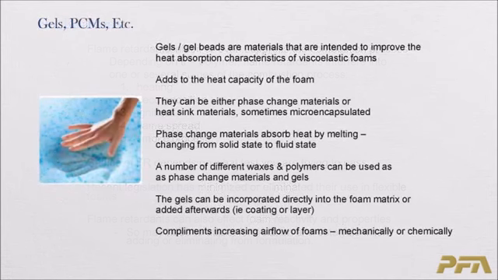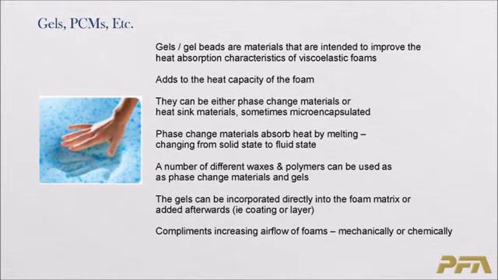Another material that's often used nowadays in viscoelastic foams is the gels or polymer control agents. These are materials that can affect the heat capacity of the foam. For example, some of the phase change materials might be things like a solid wax that's microencapsulated. What it does is absorb the heat from the body and change from solid to liquid.